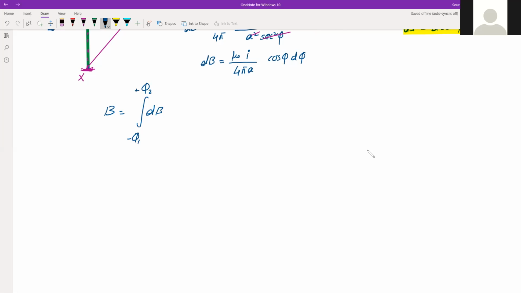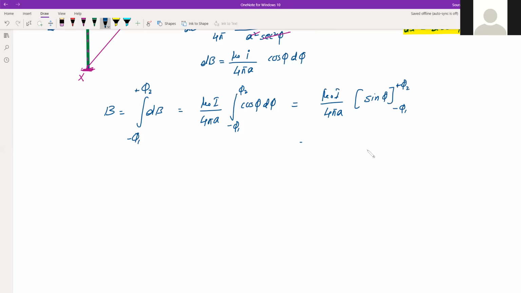Right? So this will be equal to mu naught I divided by 4 pi a, integration of cos phi d phi from minus phi1 to phi2, and cos phi's integration is sin phi. So the limits are minus phi1 to plus phi2.